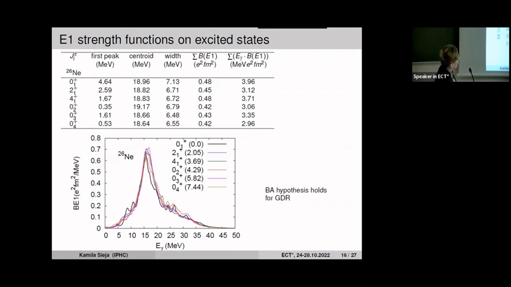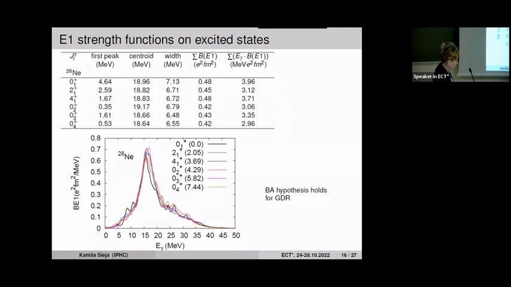But on the other hand, if you look at the energy weighted sum rule up to 10 MeV, this is the largest for the ground state, which comes from the fact that there is this bump here at 8 MeV, which seems to be absent when you go higher up in excitations. But anyhow, we can see as well that the centroids and widths, in spite of everything, are quite similar.